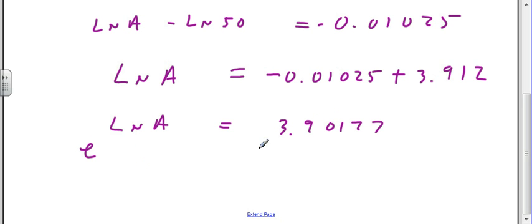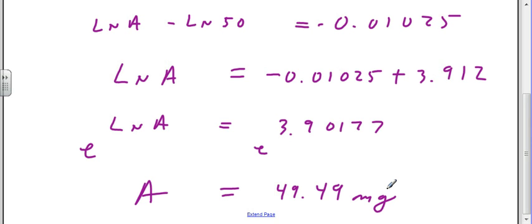So I raise these as powers of e, and I get a is equal to e raised to the answer, which gives me 49.49 grams. Okay, so I'm not losing very much. Not going to lose very much at all.